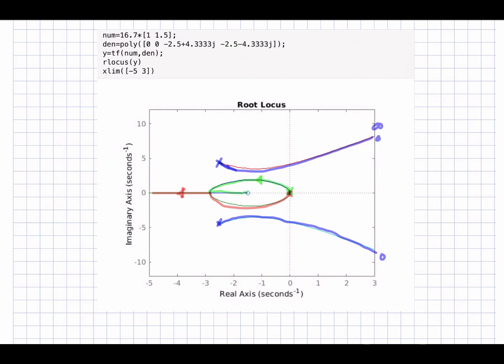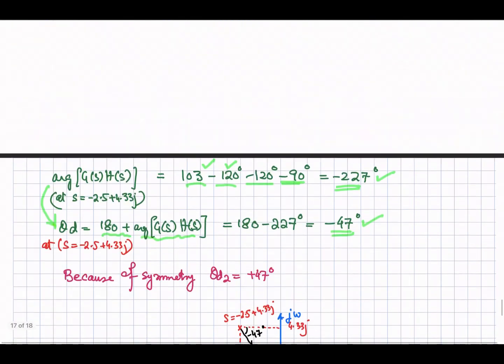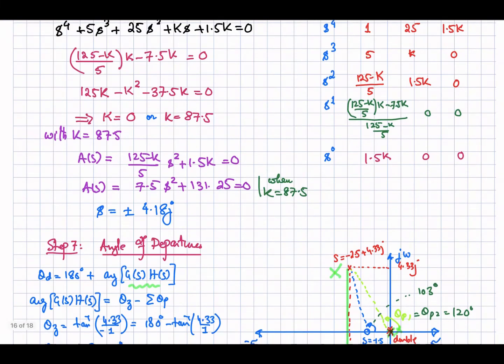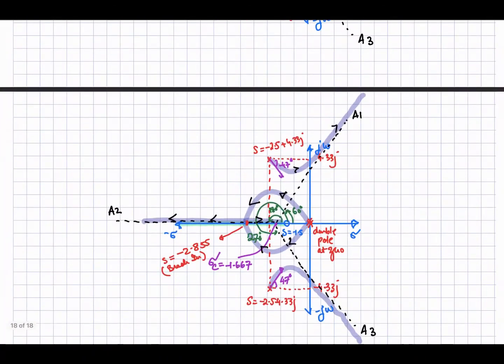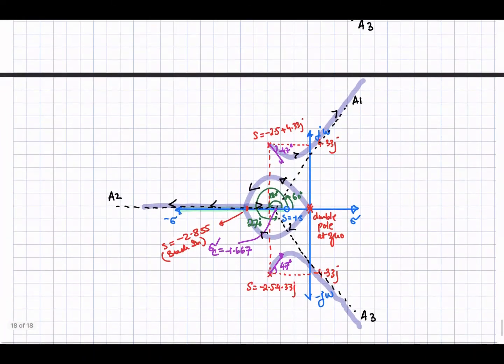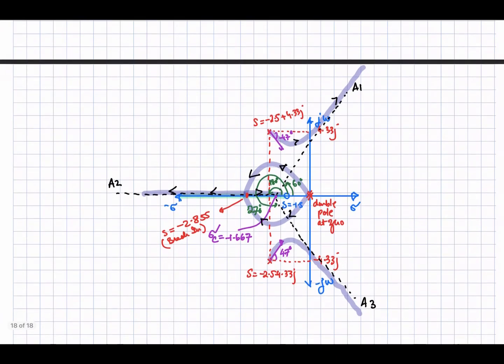As the gain k is changed, when they will be crossing the j omega axis, what is the gain? We have already calculated the marginal gain, that is this one, 87.5. If the gain is equal to 87.5, at that point our root locus will be crossing the j omega axis, that is this one, right? And what will be this j omega crossover?